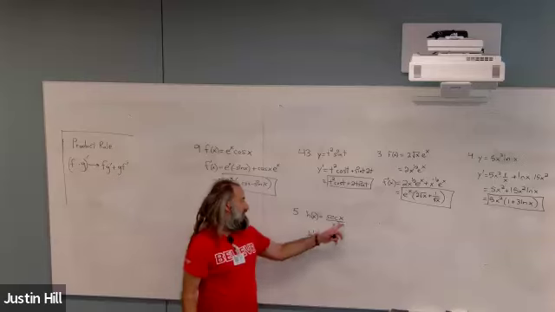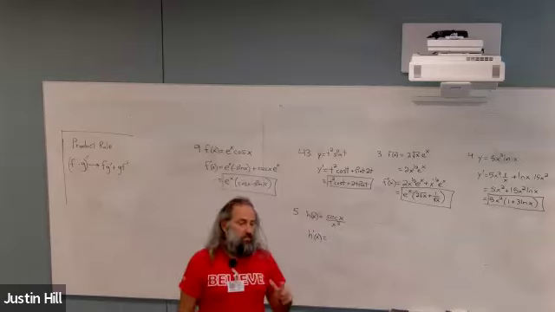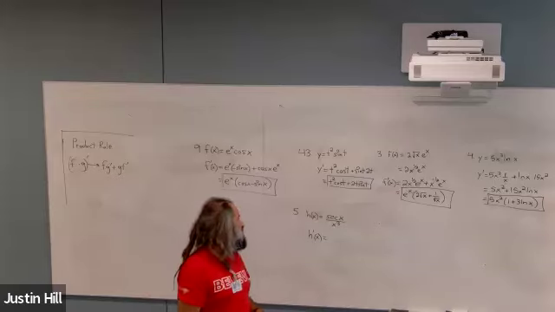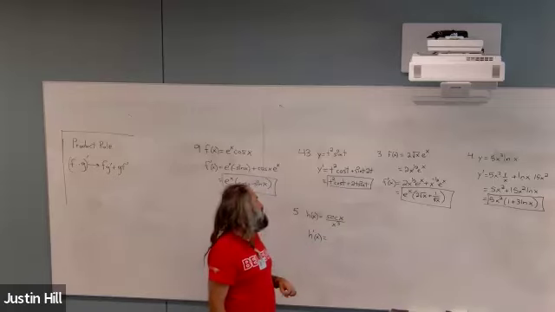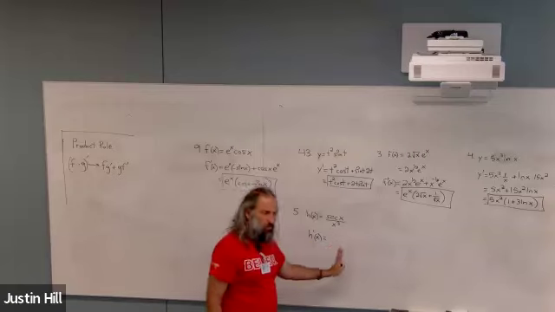Now notice here that we have division between these two. And there is a quotient rule, which we're going to go over, a way to deal with division. But notice that at least for this, we don't have to. That's kind of where I want to bridge into.